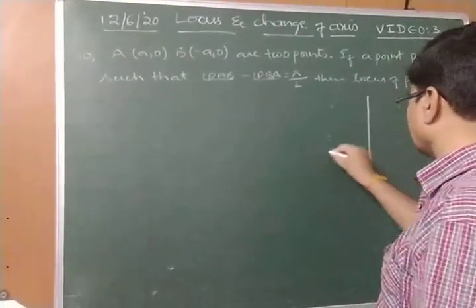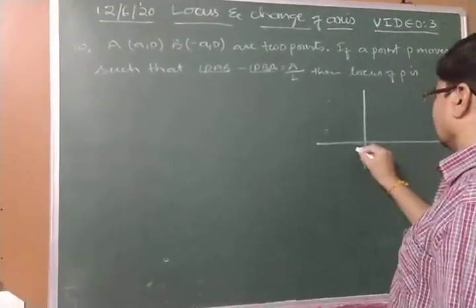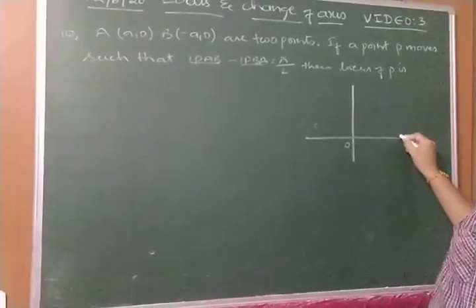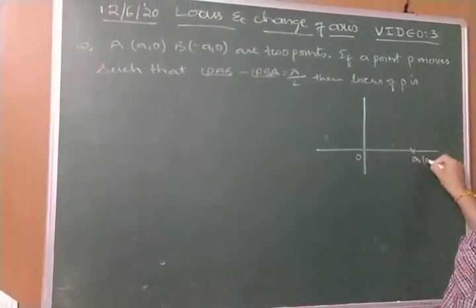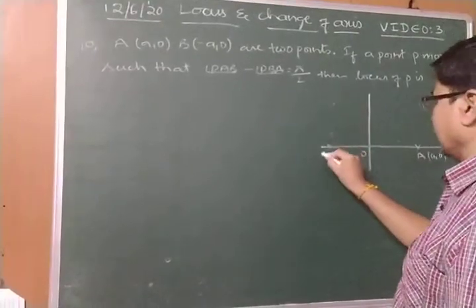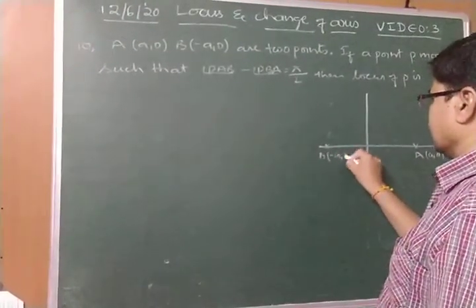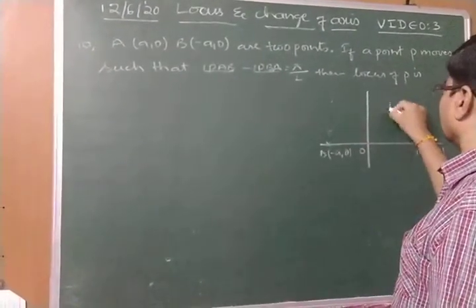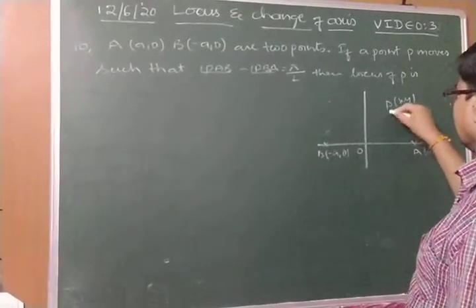So we take a diagram. This is the y-axis, this is the x-axis, origin, point A comma 0, point B minus A comma 0, and P is a point in the first quadrant.